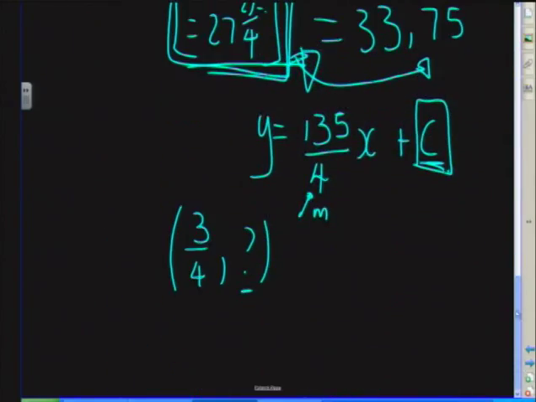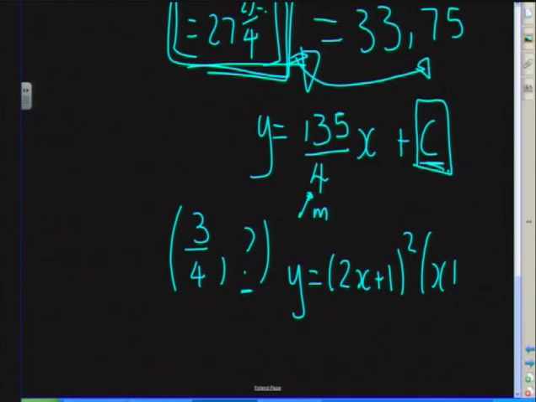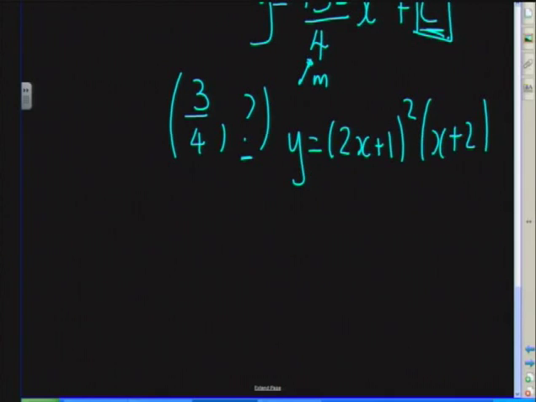I'm going to use that equation because it's the only one we've got to work with. I need to find the y value that corresponds with an x value of 3 over 4, so I substitute 3 over 4 in place of x in the original equation, and let's see what we get.